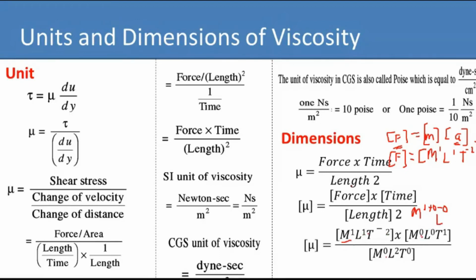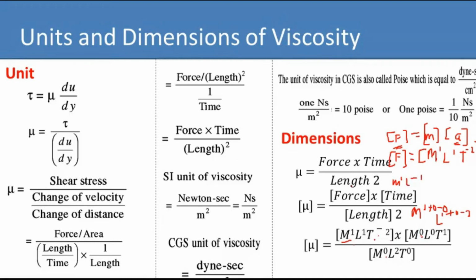Okay, so here the power is 1, here it is 0, so plus 0. And here it is 2, but when it goes to the numerator it becomes minus 2, so it will be plus 1 minus 2. So it will be M to the power 1, L to the power minus 1.